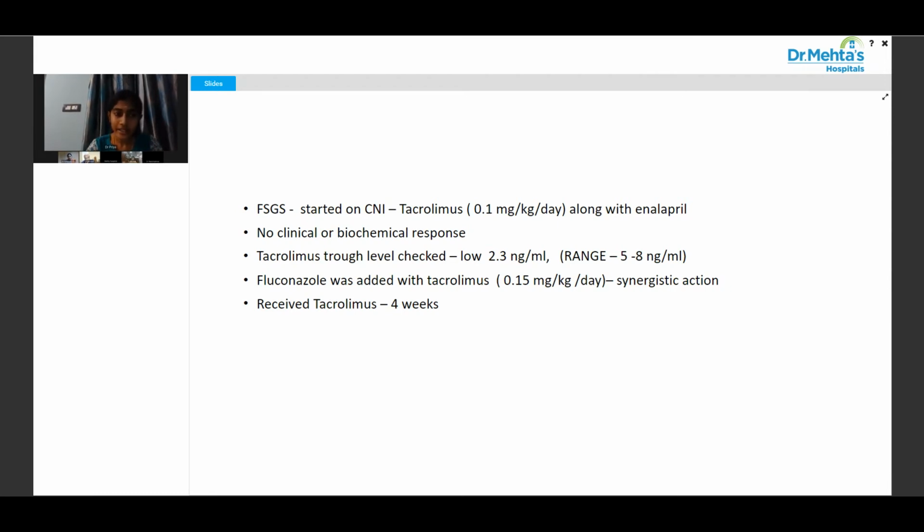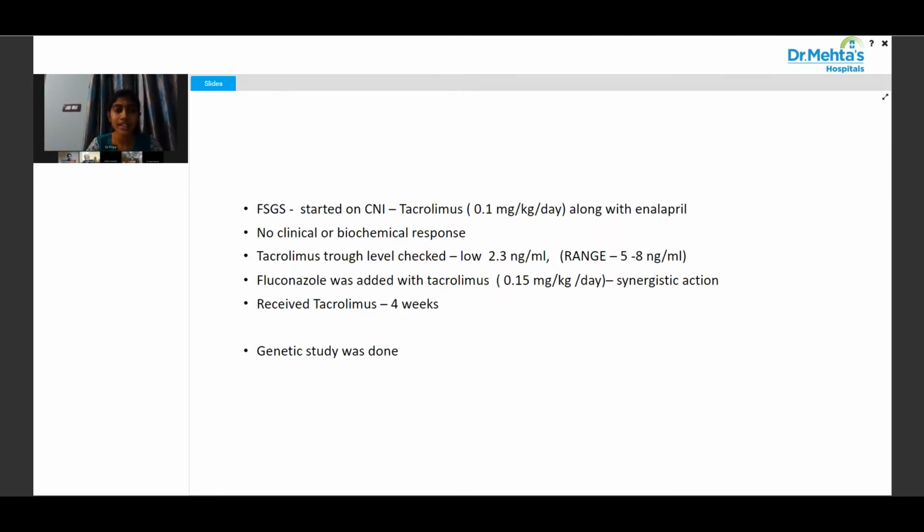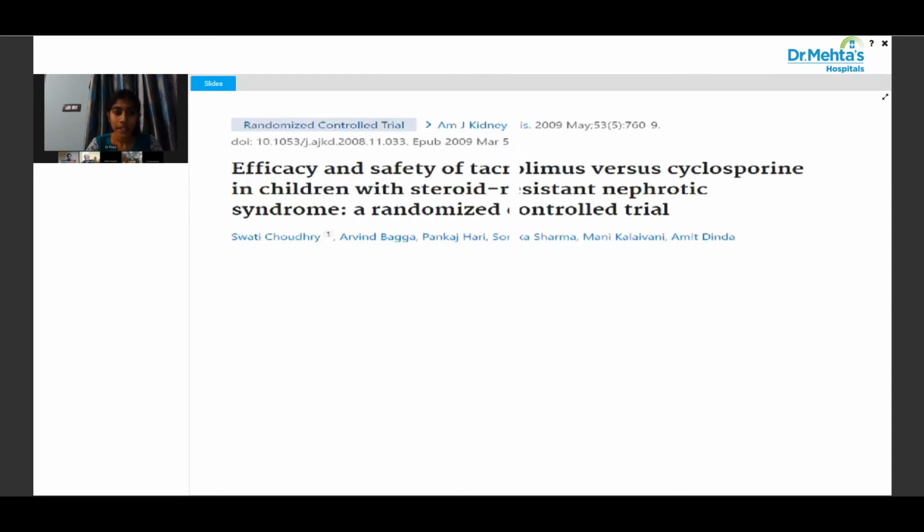Hence, a genetic study was then planned for this child. Since the child was born of a consanguineous marriage and was initially termed steroid-resistant nephrotic syndrome, a genetic study was done. As the genetic report would take at least a month to come, we started the child on cyclosporin, as there were a few articles which showed almost equal efficacy of cyclosporin and tacrolimus.